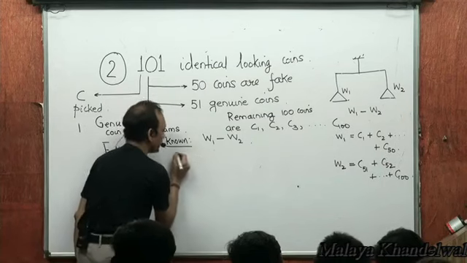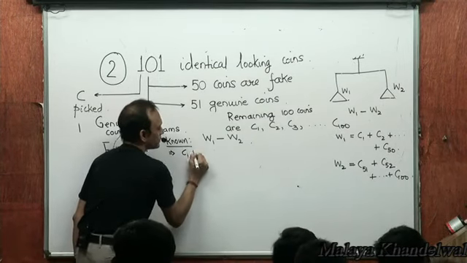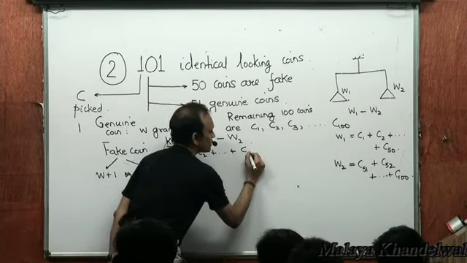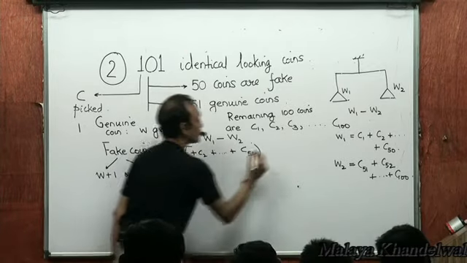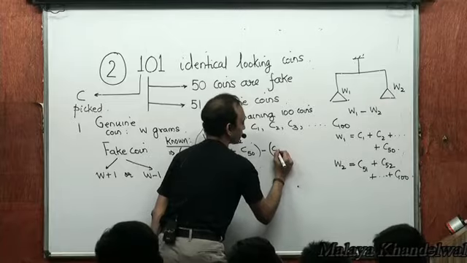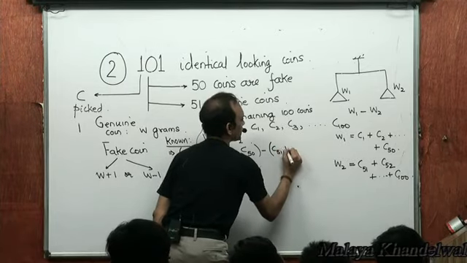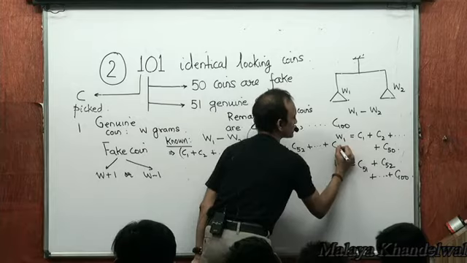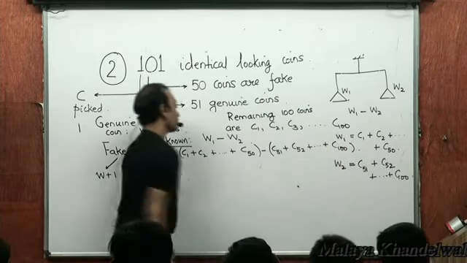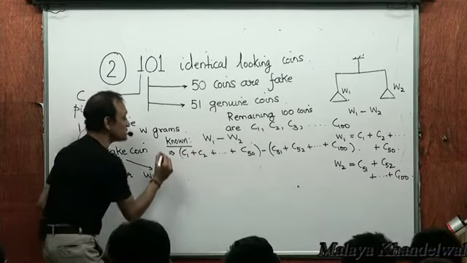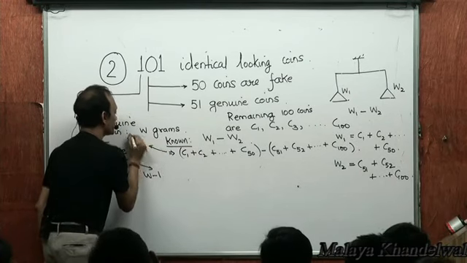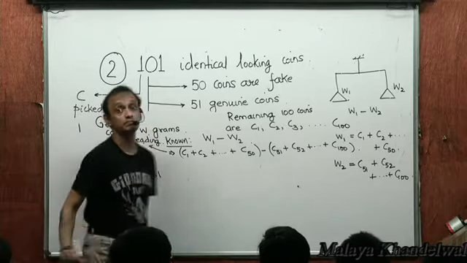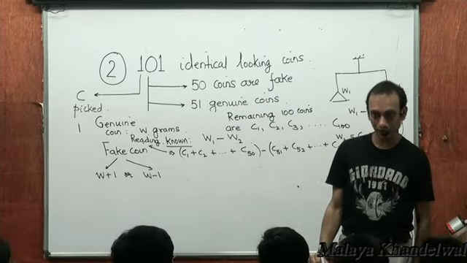That means I have known C1 plus C2 plus ... plus C50 minus C51 plus C52 plus ... plus C100. This is the reading which is known to me. And it will have a certain parity, even or odd, which I would know.